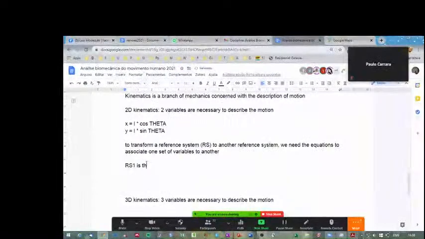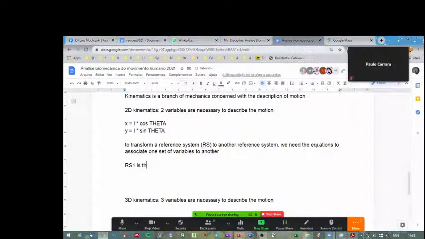In biomechanics, up to now, 2D kinematics means you need 2 variables to describe the motion, and for 3D kinematics, you need 3 variables to describe the motion.